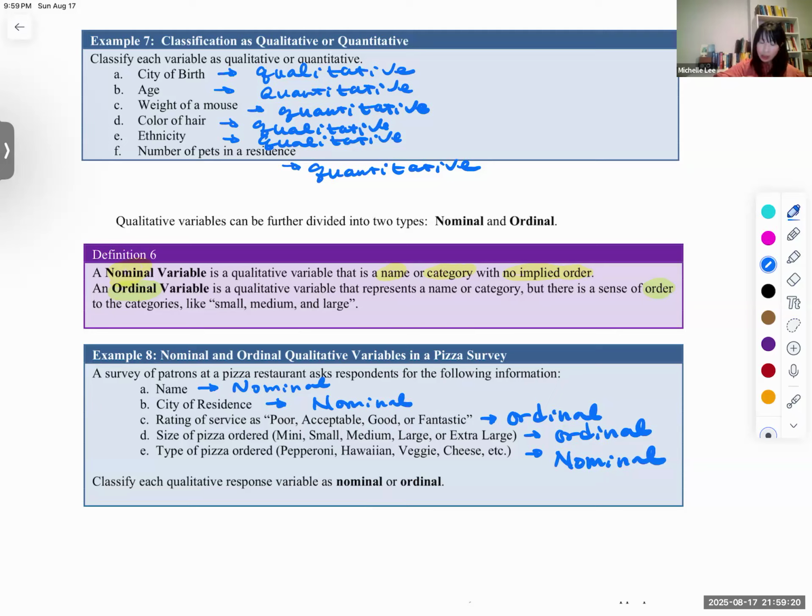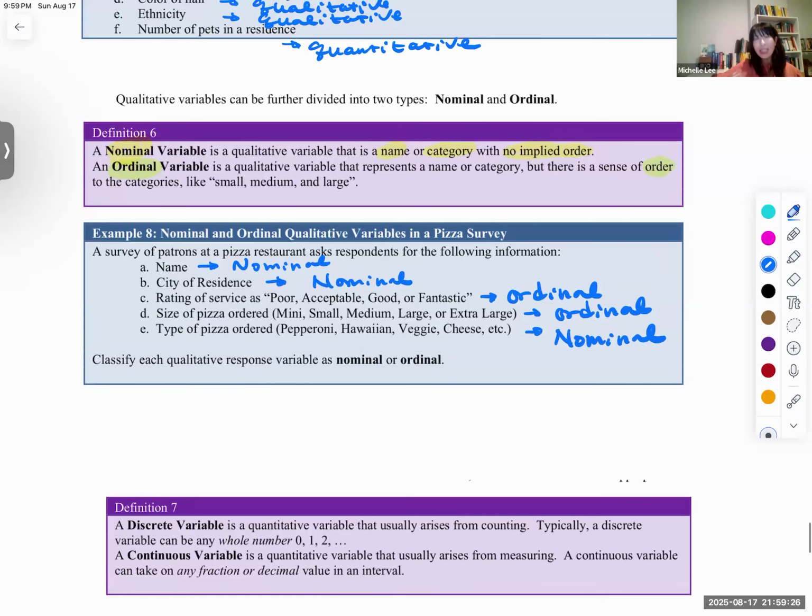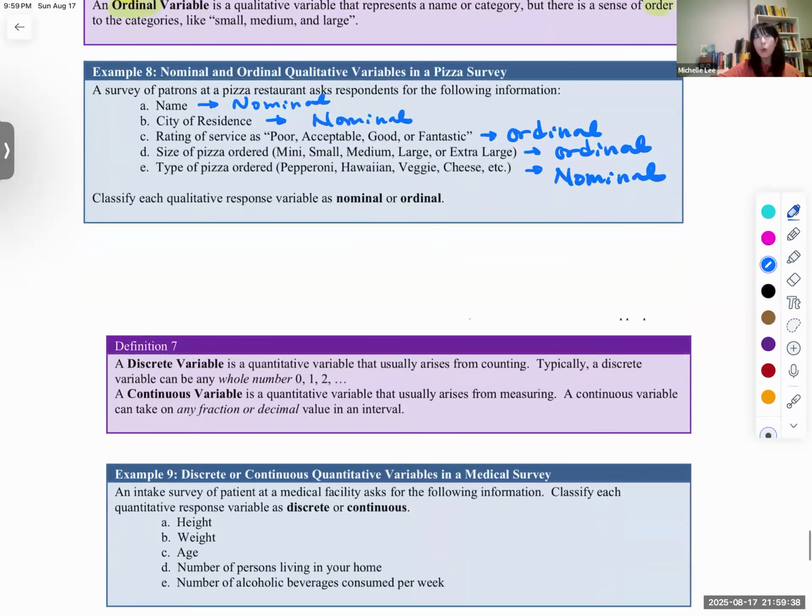Okay, now we have more terminology. We just learned that the qualitative variable has two types, nominal and ordinal, right? What about the quantitative variable?